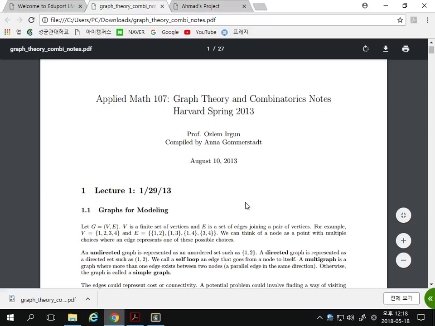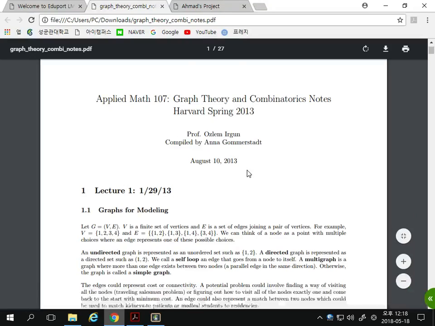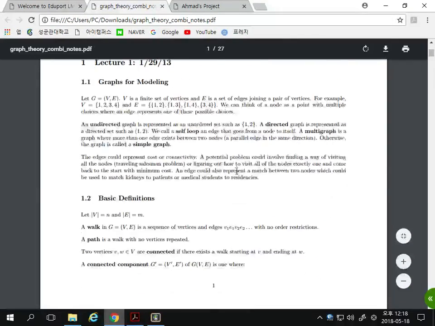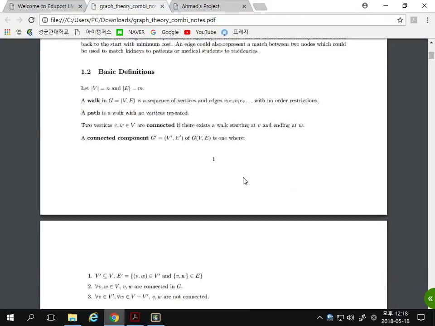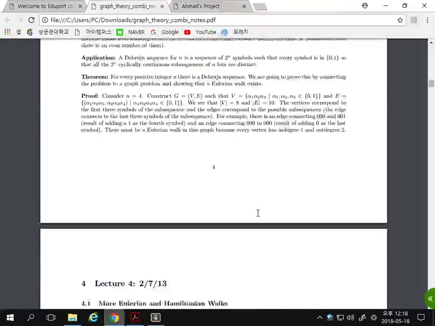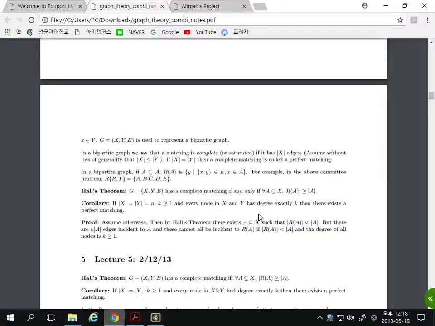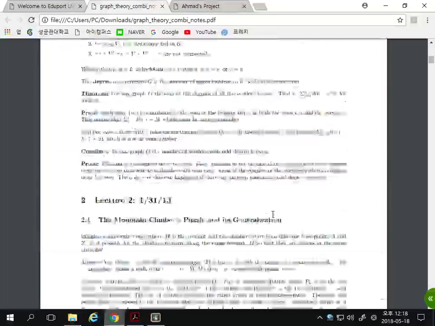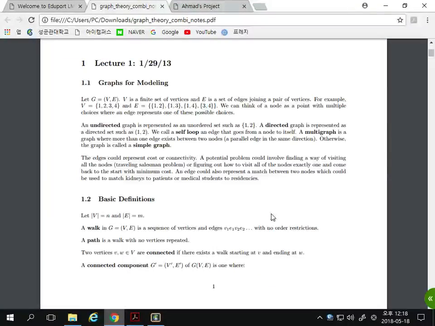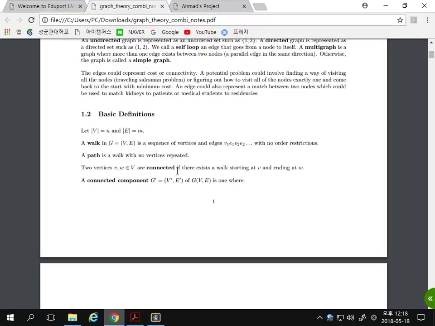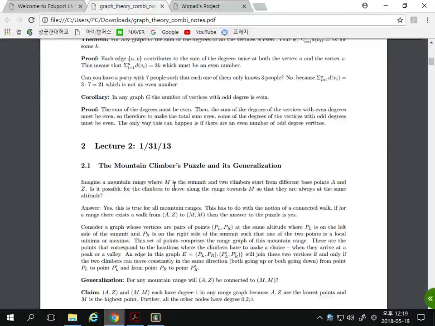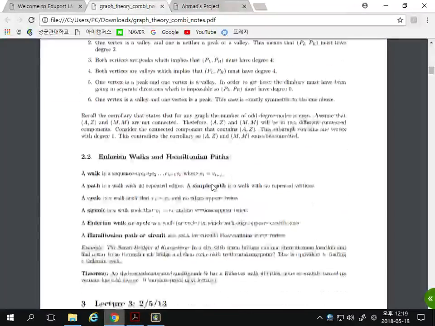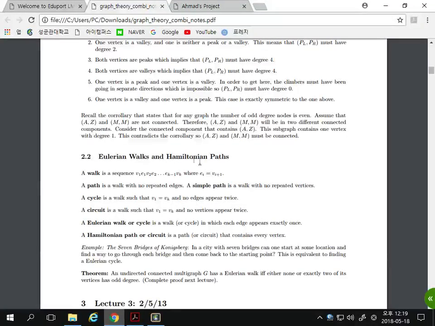And also I have uploaded my lecture note, and also a graph theory lecture note from Harvard University. It also covers paths and cycles, directed graphs and paths, Eulerian walks and Hamilton paths.